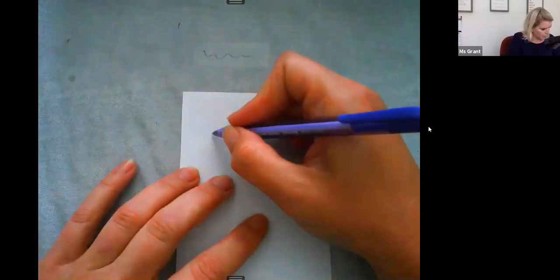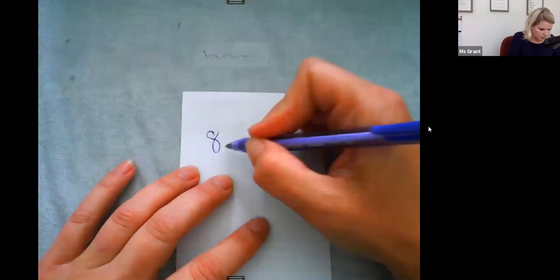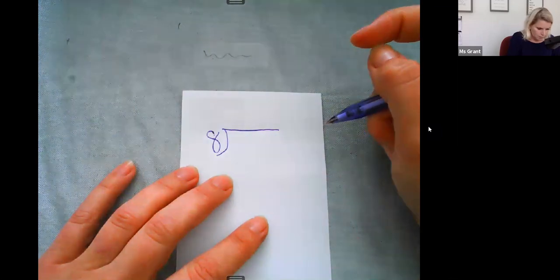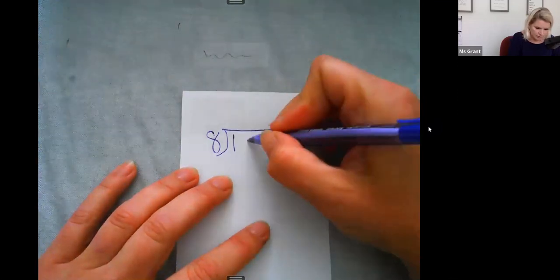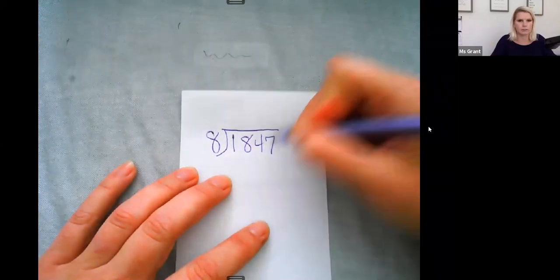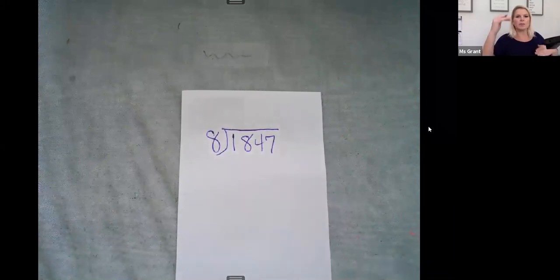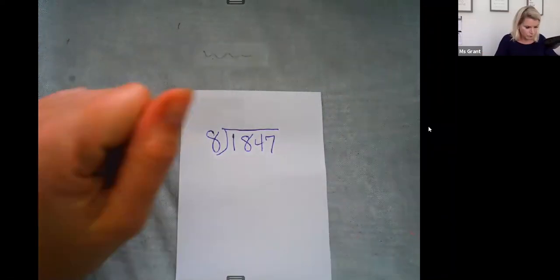So like 8 divided by 1,847. The reason I'm doing this super easy division problem is because I need you to remember the steps and the sequence of how you actually divide.